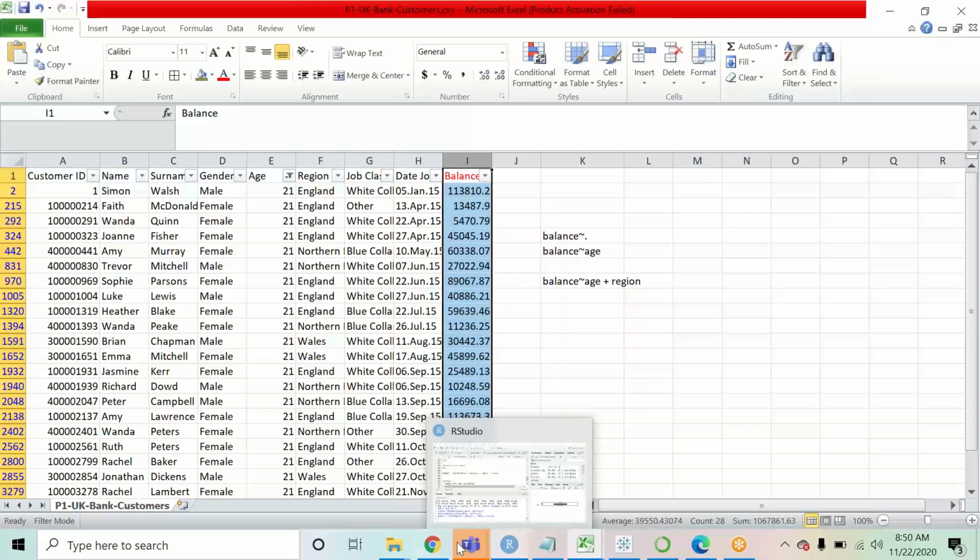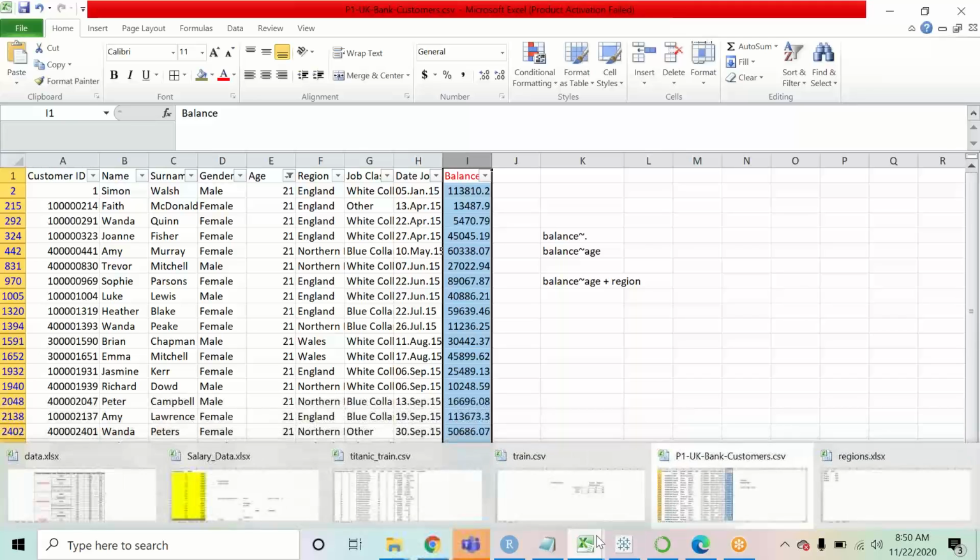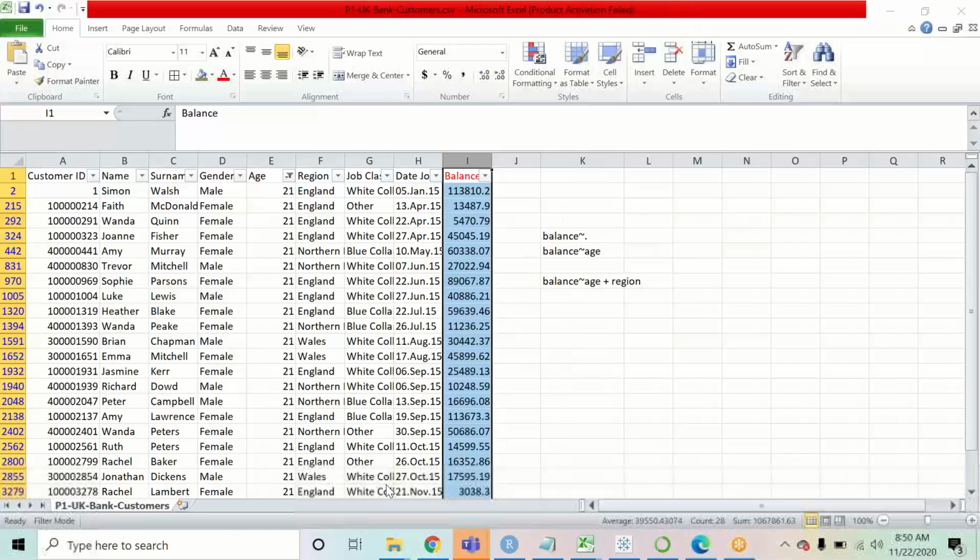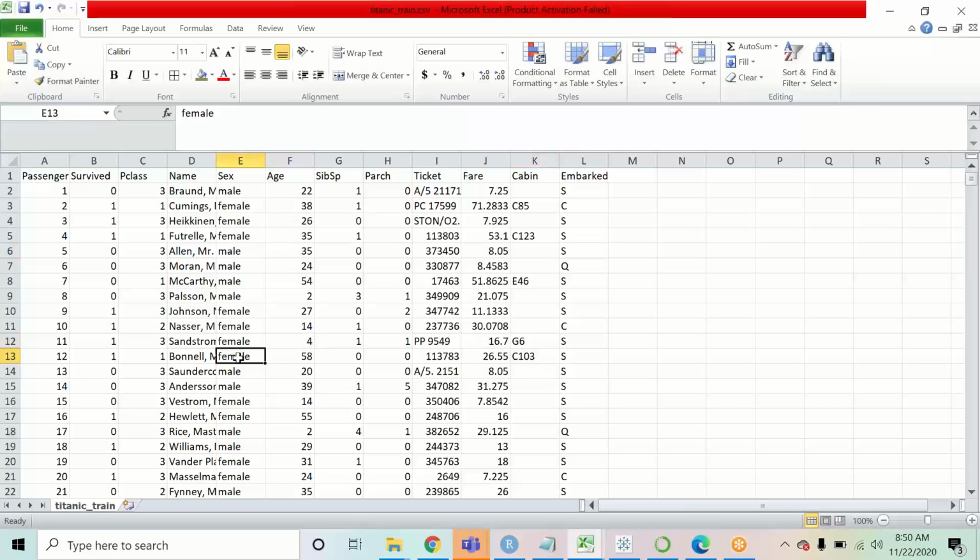Okay. So for example, if I show you something, I have this Titanic data, which is something that we will again be doing in the class also. This is also an example of the predictive modeling that we will be doing. So if you see over here, these are some variables. I hope all of you are well aware of the Titanic case study, the Titanic tragedy, the ship that sank.